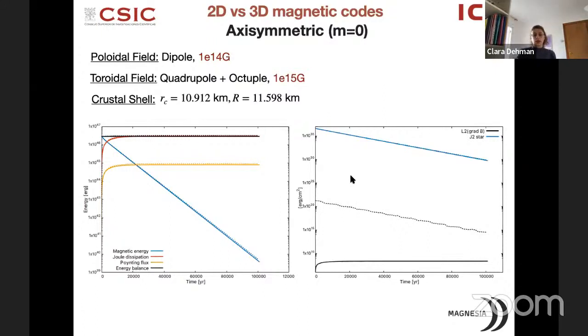Now, to test the whole drift term of our induction equation, we don't know any analytical solution, because this term is complex and there is no analytical solution for it. But a way to test it is that we already have a 2D code that has been developed in the last decade, basically by Jose and Daniele, and we trust the results of the 2D code.